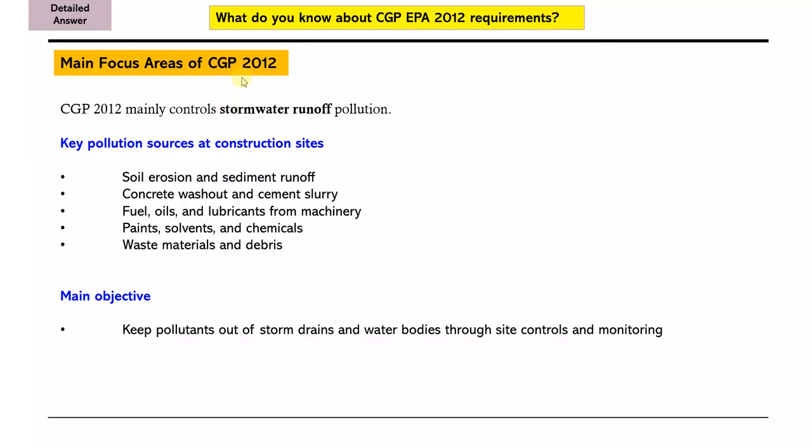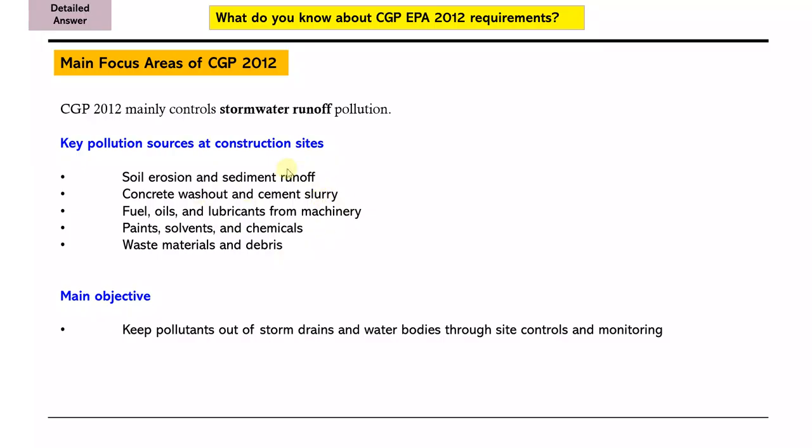What are the main focuses of CGP? CGP 2012 mainly controls stormwater runoff pollution. Key pollution sources at construction sites could be soil erosion and sediment runoff, concrete washout, and sediment slurry.